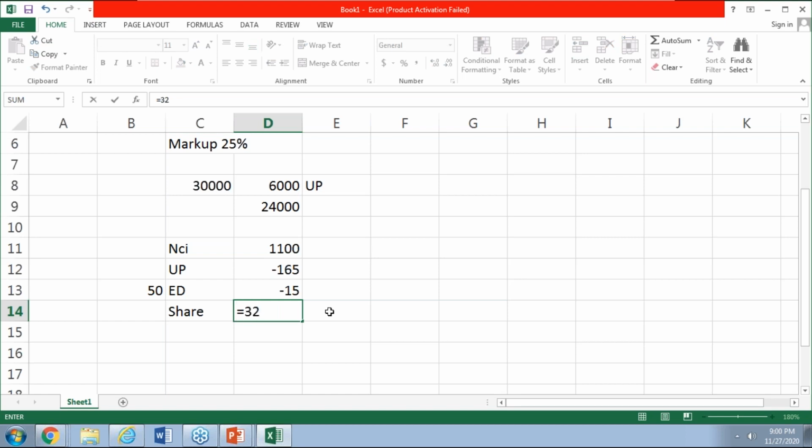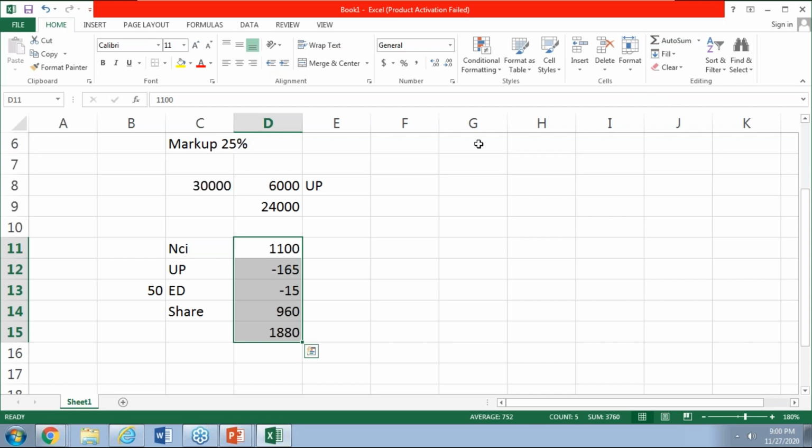So 3200 into 30% will be the share of NCI. By adding all these figures, we get the value of NCI. The answer is 1880.